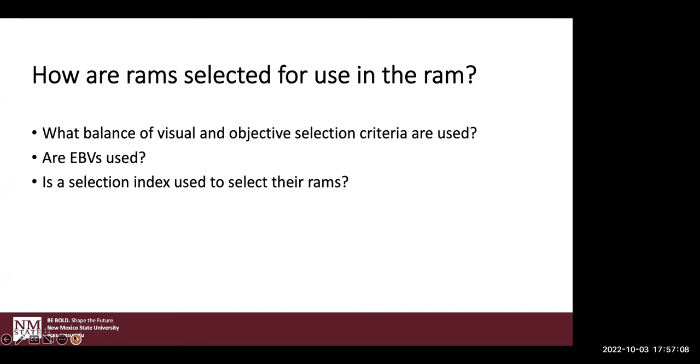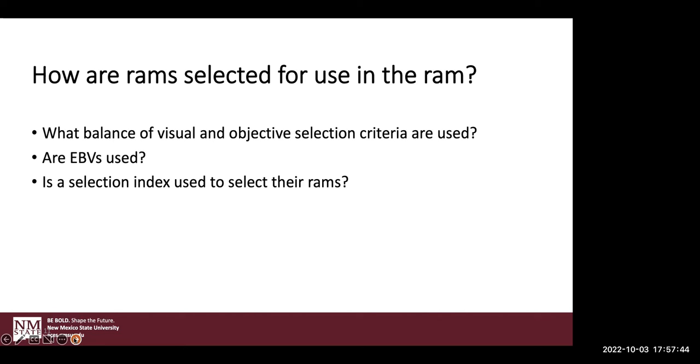So how are rams selected for use? Basically, the sheep industry is, for lack of a better term, behind other animal agriculture industries in genetic selection. They are now, in the last maybe 10 or so years, starting to develop selection criteria that can be measured and given values, similar to EPDs in the cattle industry.